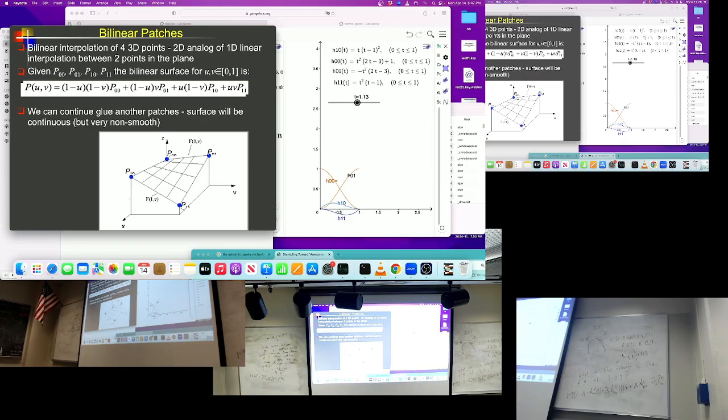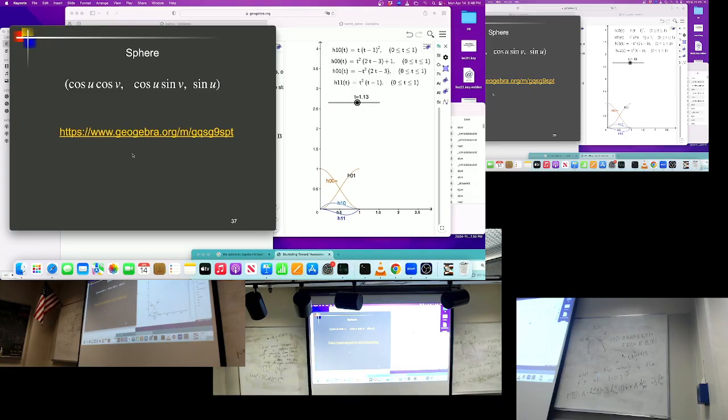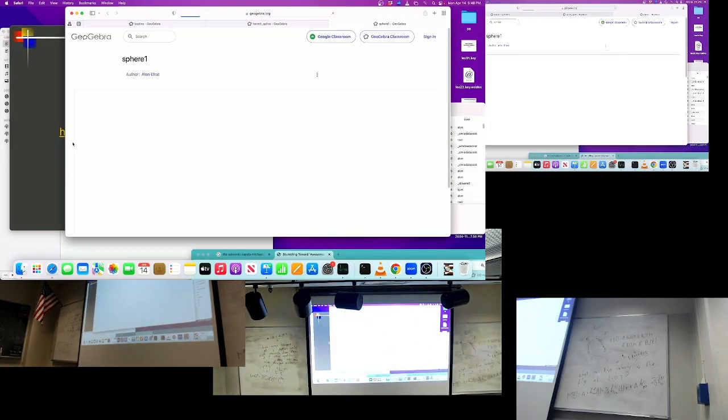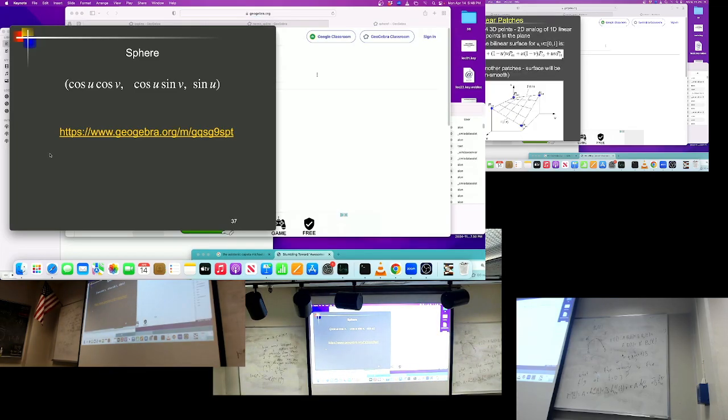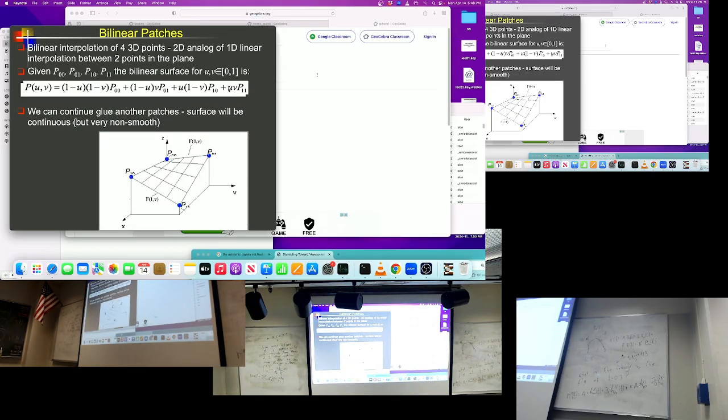Let's do this. Bilinear patches. I have 4 points. So, let's see. So bilinear patches. It's also GeoGebra. I have 4 points: P10, P11, P00, P01.